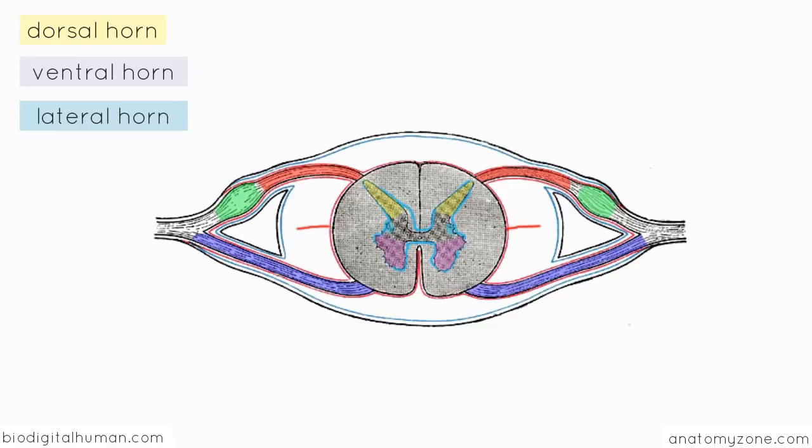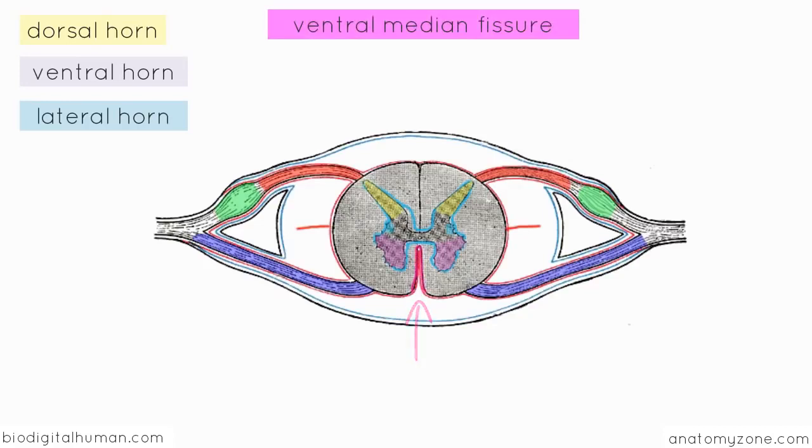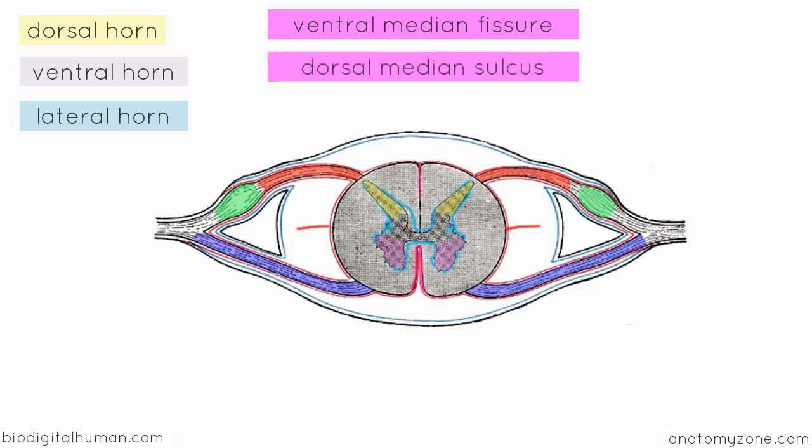Now you'll also notice that there's these two grooves which run into the spinal cord. So anteriorly, which I'm outlining in pink, you can see that there's a fissure which is known as the ventral median fissure, and posteriorly you've got the dorsal median sulcus.